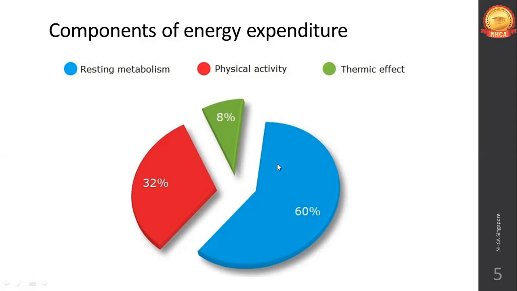But when you're doing some crash diet, for example, a 10-day starvation diet, what will happen to your resting metabolism? Any idea? If you do some crash diet or some severe starving diet, it will fall down.